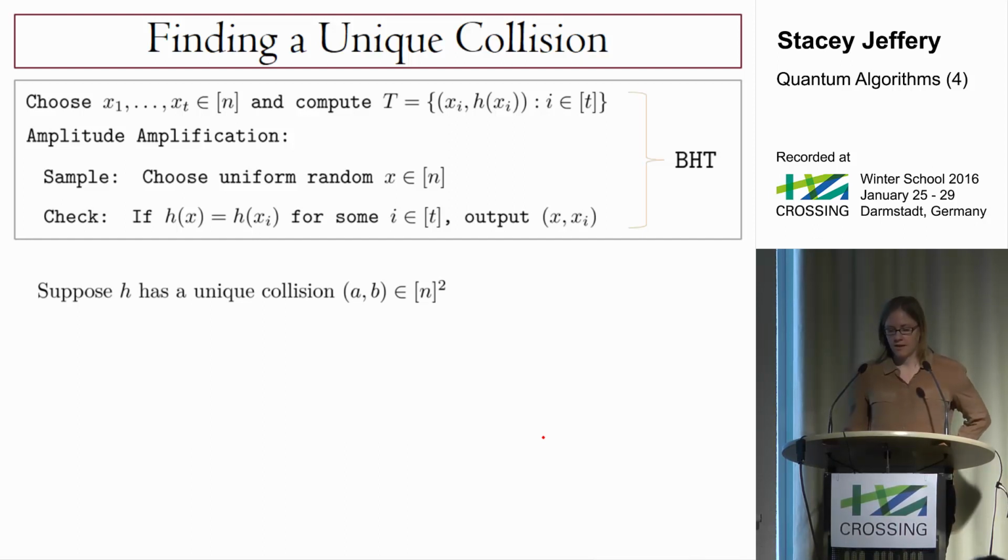Okay, so the algorithm that I just showed you for collision finding, from now on I'll call BHT, for the authors Brassard, Høyer, and Tapp. So we could consider applying the Brassard-Høyer-Tapp algorithm to the problem of finding a collision when there's a unique collision. So what would happen in that case?